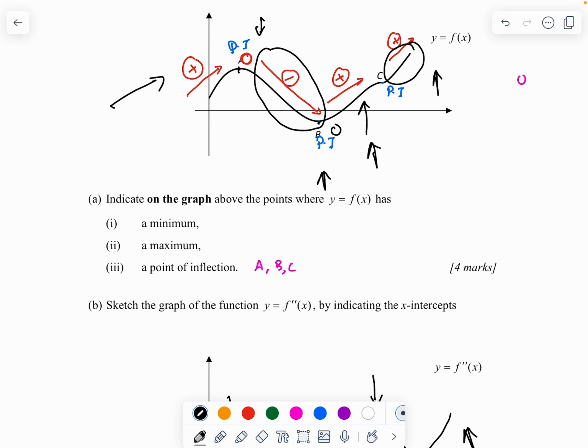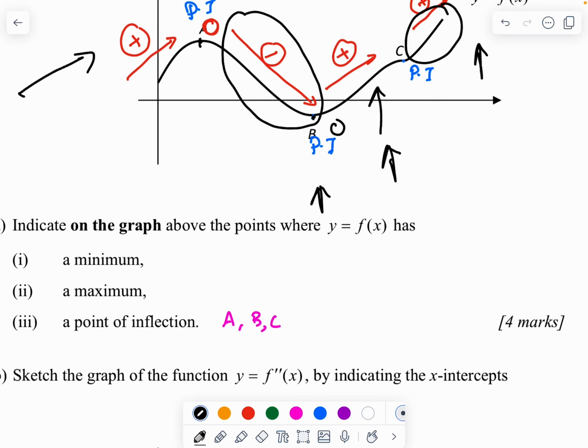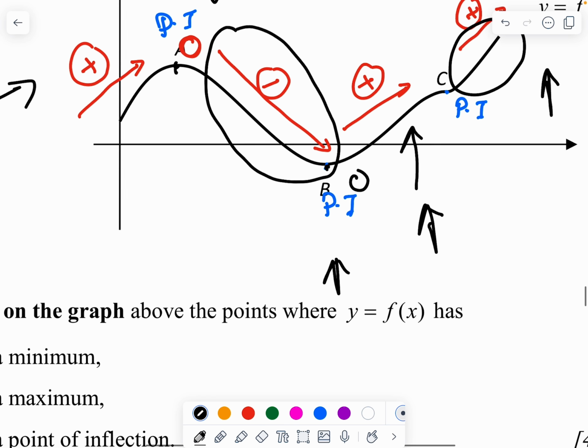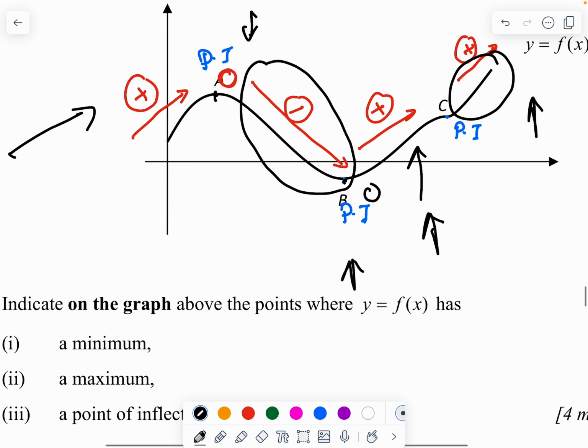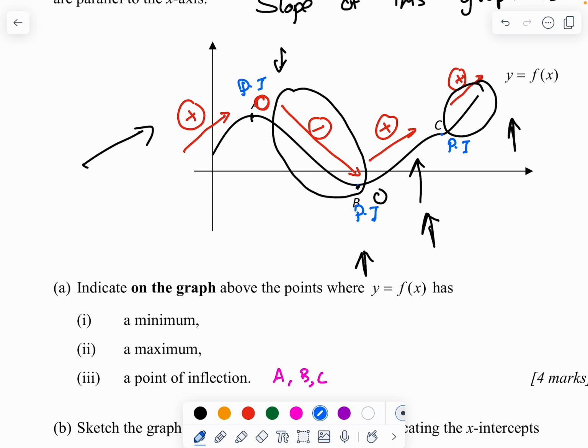Now we are only left with the maximum point and the minimum point. How do I get the maximum and minimum points? From the first derivative graph, the first derivative is 0 over here and 0 over here.